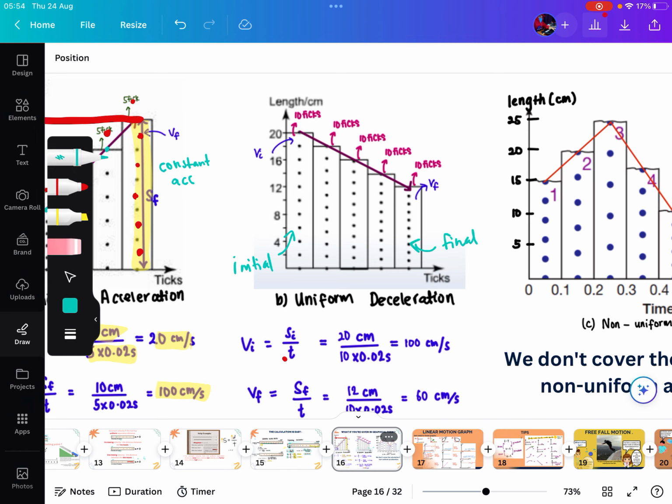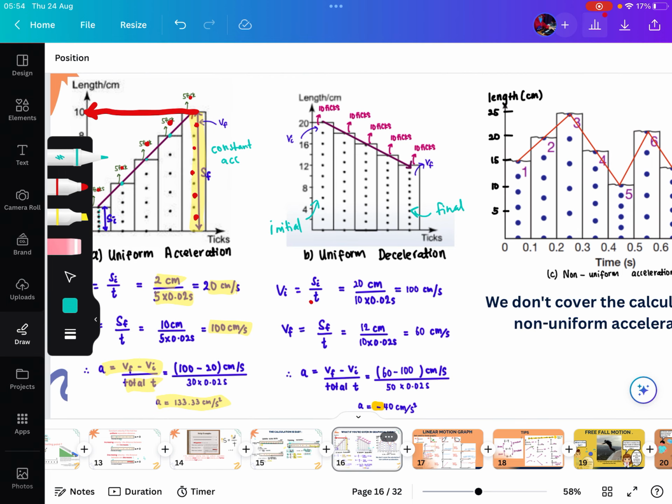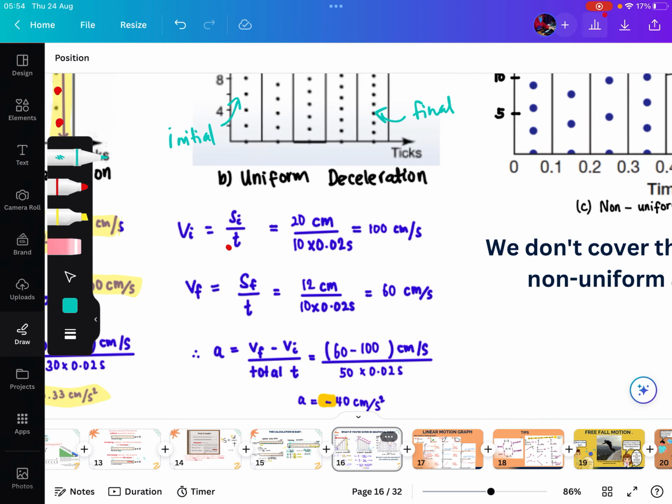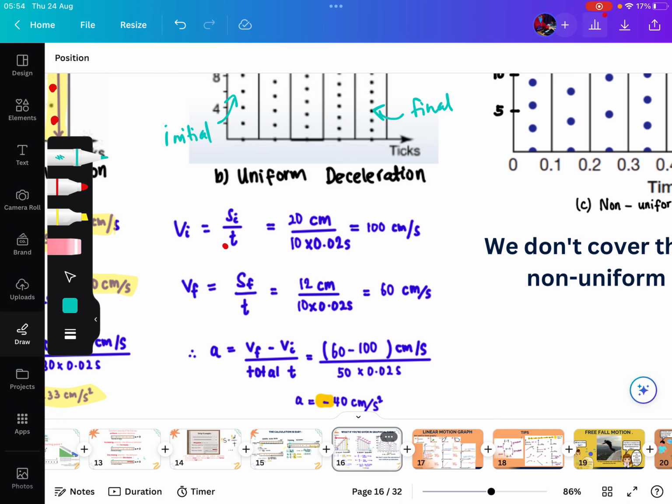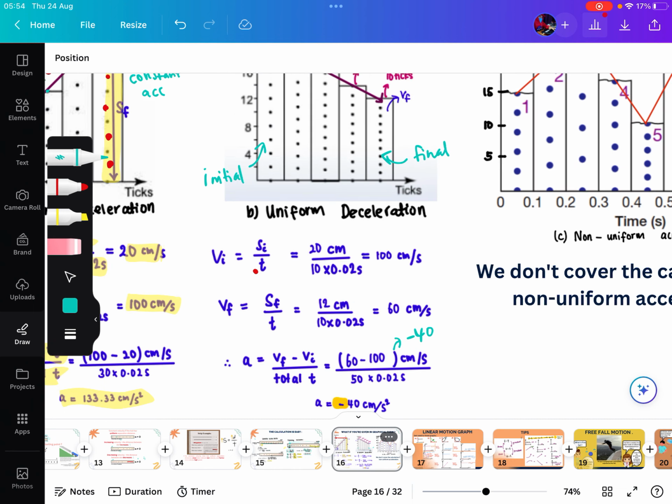So you do the same thing, find the Vf and Vi, and then you subtract them. So you get 60 minus 100, which is minus 40. And then you divide by 50 times 0.02.